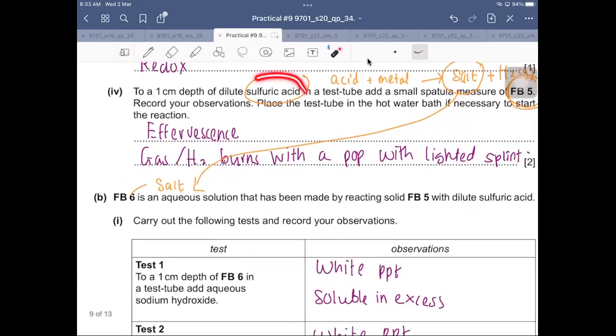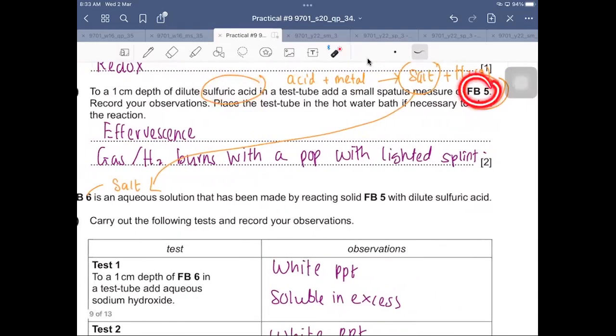Like sulfuric acid. You are adding it to FB5, and you know that FB5 is solid. If you form a gas when you add acid, you think about the reaction, or what reactions do I know of acid? Acid can react with metal, hydrogen gas. Acid can react with alkali, no gas. Acid can also react with carbonates.